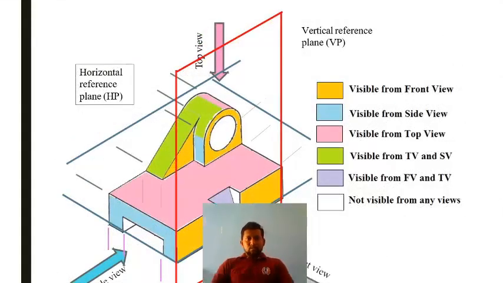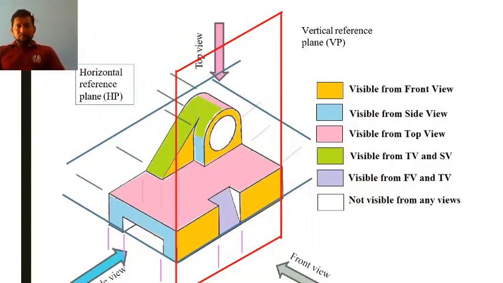This is one very good slide, which shows the various things you are able to see in different views. By means of color coding they have clearly shown it here. The one in yellow is visible from the front view.